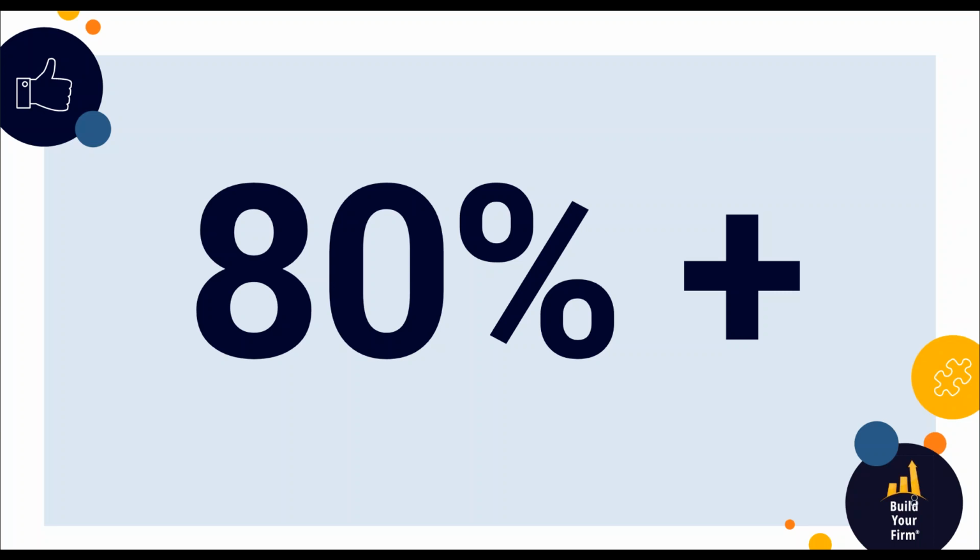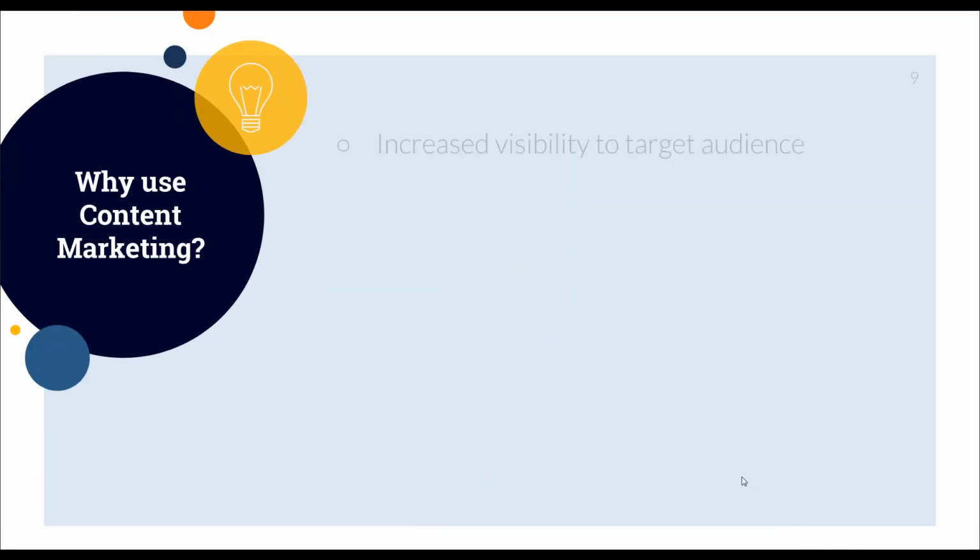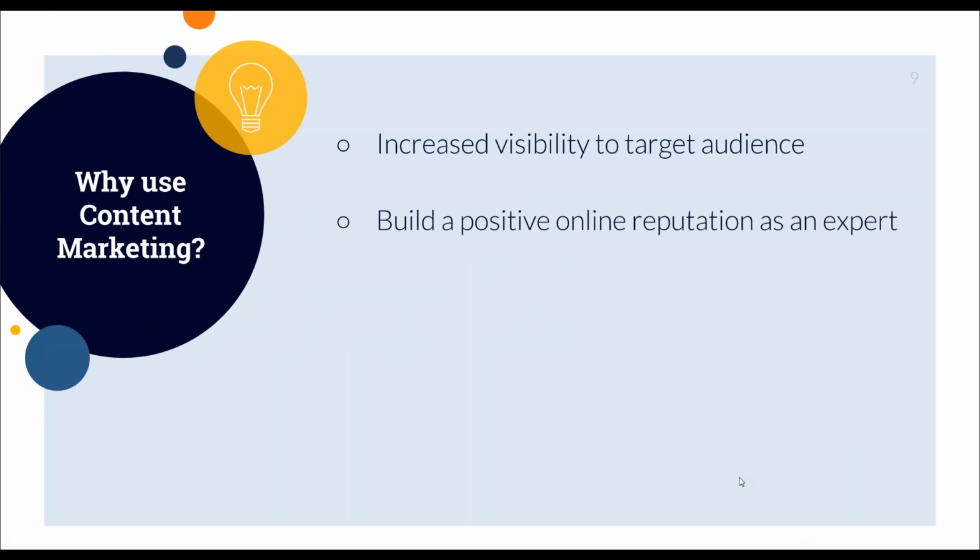But when you combine a search engine optimized website with content marketing, it's really the key to getting even more leads from the internet. So the real benefits of using content marketing are that you're going to increase your visibility to your target audience. You're going to build a positive online reputation as an expert.